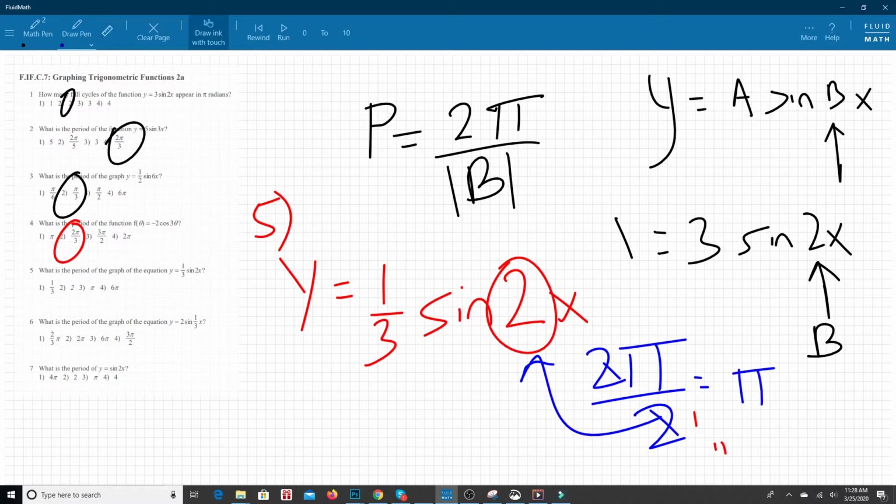So the period for this cycle, in other words, one full cycle of the 1/3 sine 2x is going to be pi. If I was looking at a chart right here, that's pi half. That's pi. One full cycle will be pi. This is of a sine curve. It's a half on 1/3 of an amplitude, though.